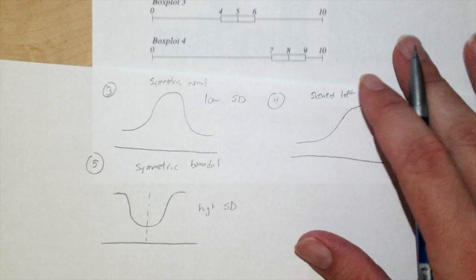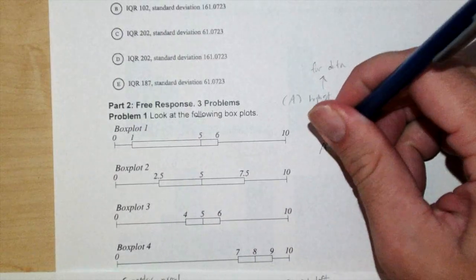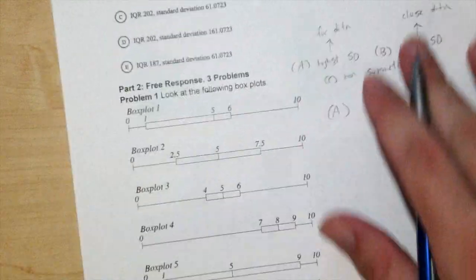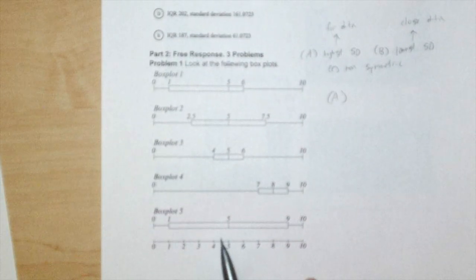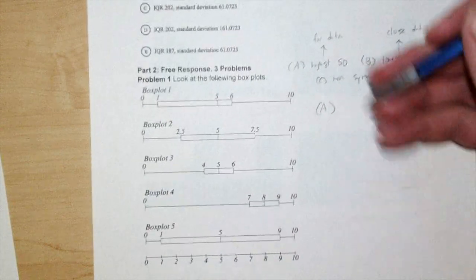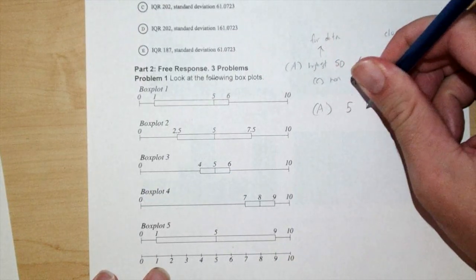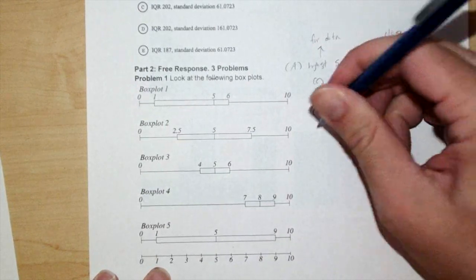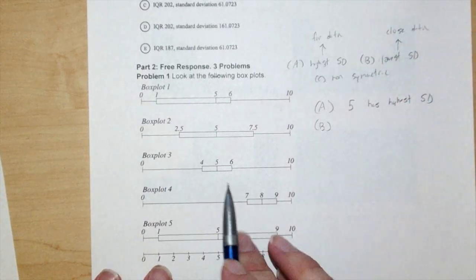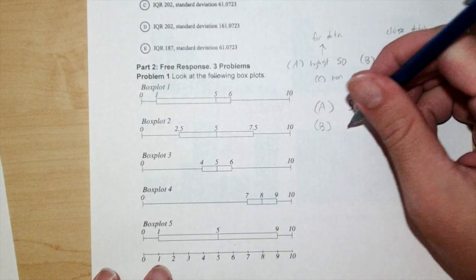So let's write in for A and B that we found our highest standard deviation is going to be this box plot. And that makes a lot of sense to me because this box plot has a lot of data far away from the center. For the lowest, it's going to be 3 because everything's close to the middle.